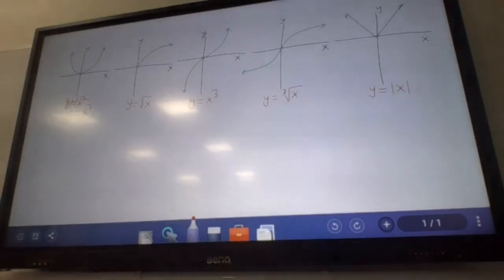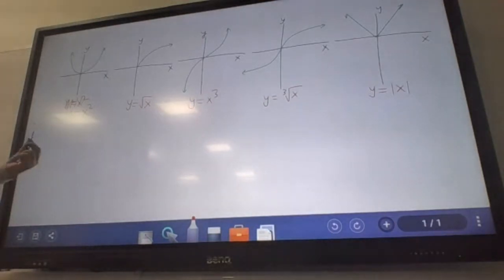So we'll use these library functions. We'll apply certain transformations on these functions.